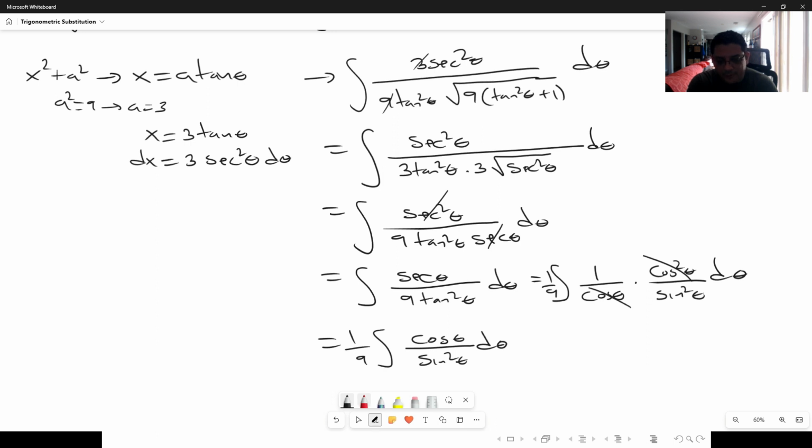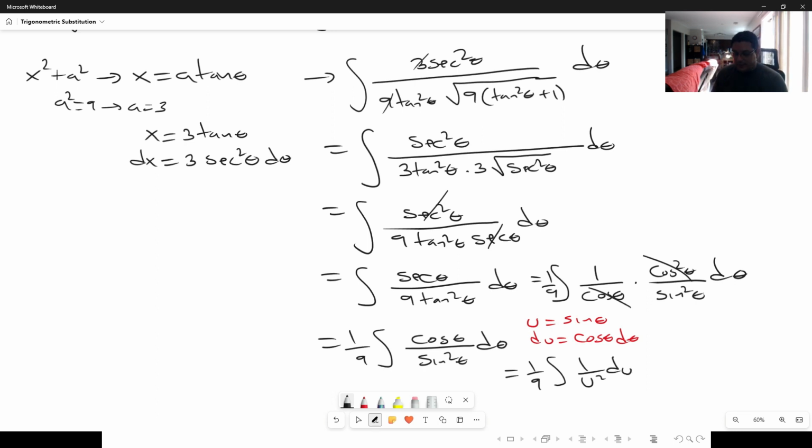And this kind of prompts a substitution here, where I can say, well, u equals sine of theta, and then du is going to be cosine of theta d theta. So I have the du clearly in there, and I can just see this as 1 over 9, 1 over u square du.